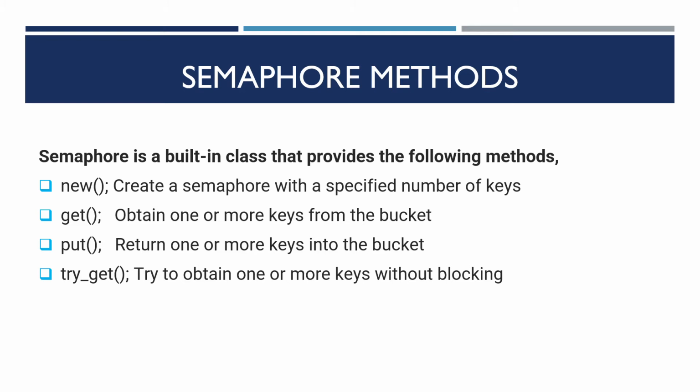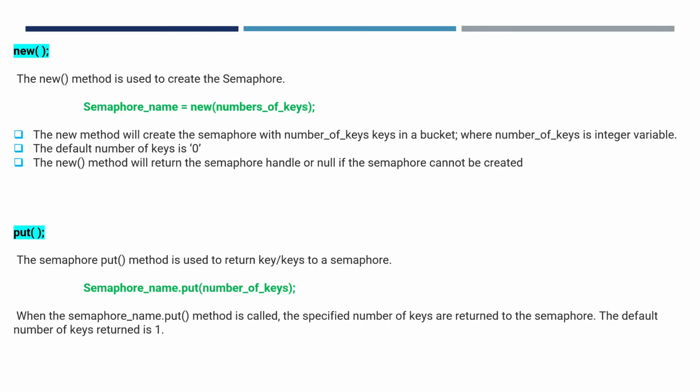It is used to obtain one or more keys from the bucket. The next one is put. It is used to return one or more keys into the bucket. And the last one is try_get, which is used to try to obtain one or more keys without blocking.